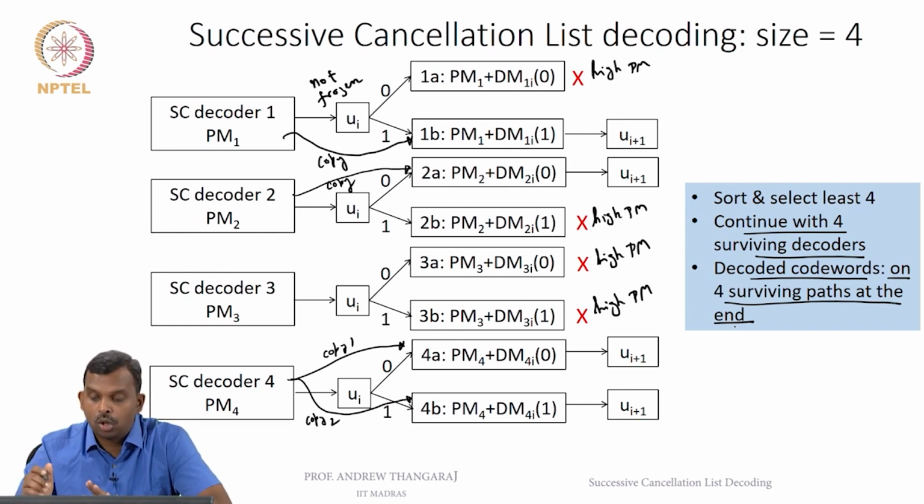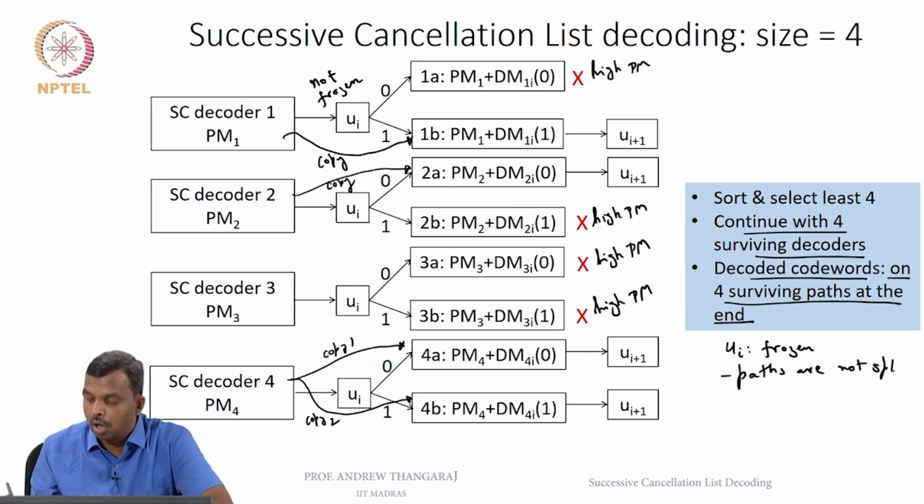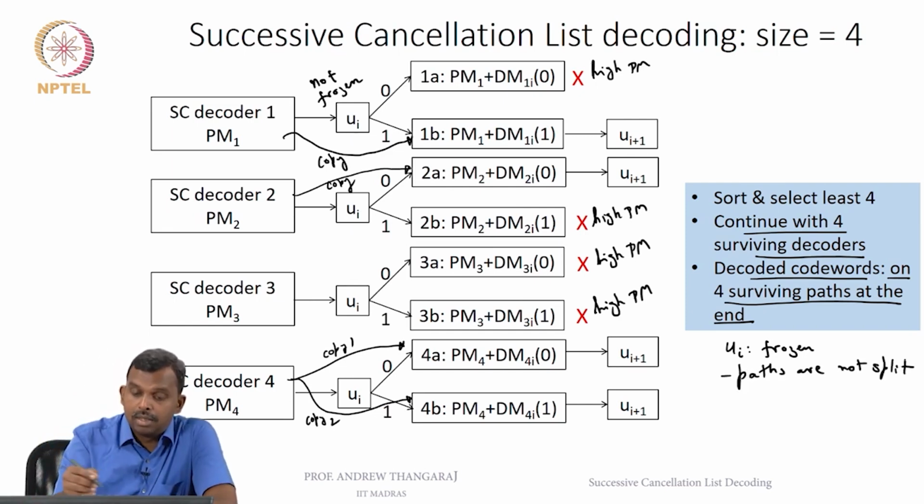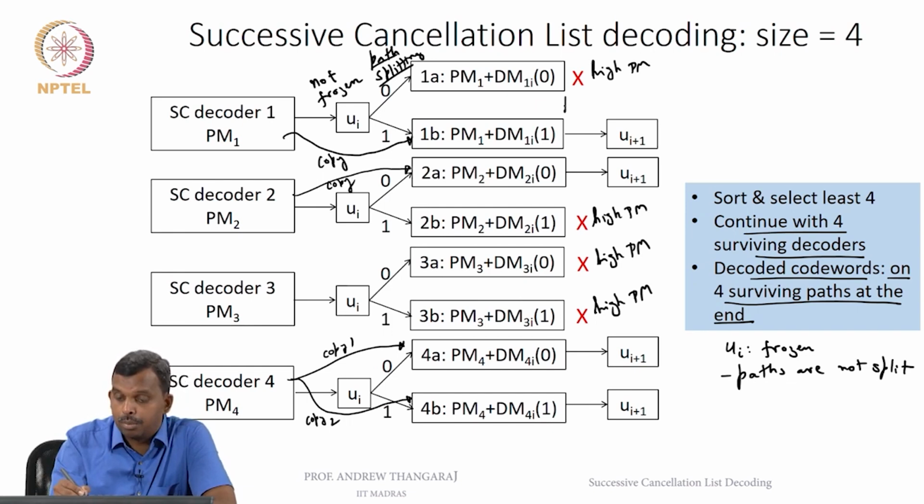Once again, I have not talked about the frozen. If UI is frozen, paths are not split. So this operation of making 2 decisions is called path splitting. And this is pruning.